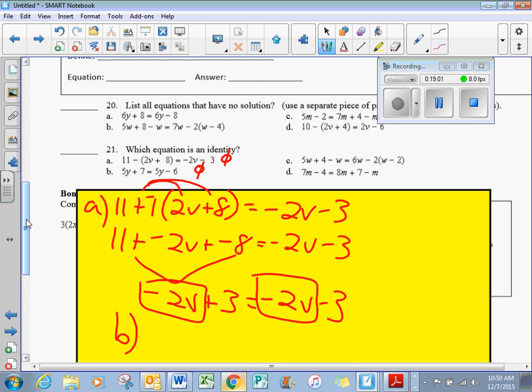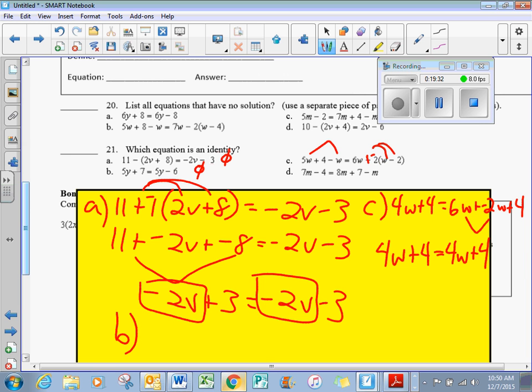This one, C, becomes 5w minus w is 4w plus 4 equals, if I distribute that -2, I get -2w plus 4 equals 6w plus -2w plus 4. I do plus a negative there. And then I get 6w and a -2w is what? 4w. So I get 4w plus 4 equals 4w plus 4.